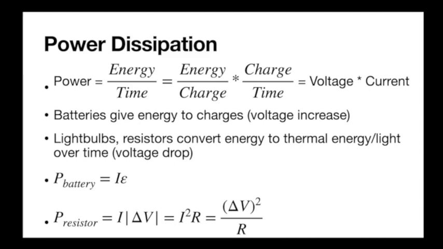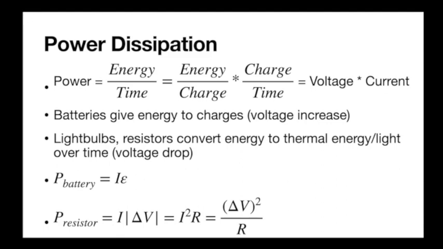And so if I find out my power introduced by the battery, that's going to equal the total power dissipated in the rest of the circuit. And likewise, if I find the total power dissipated by all the resistors, that tells me how much power is being dumped in by the battery.